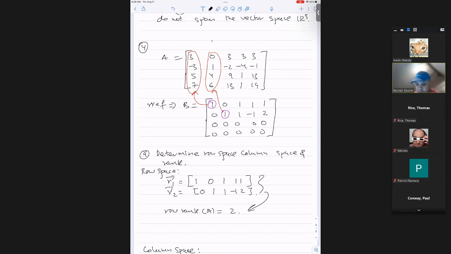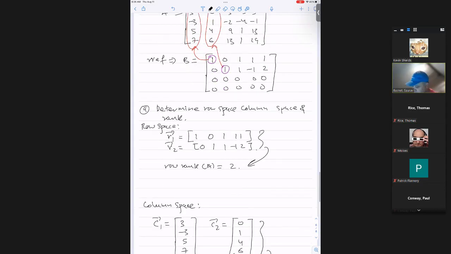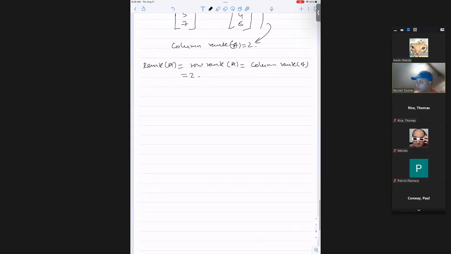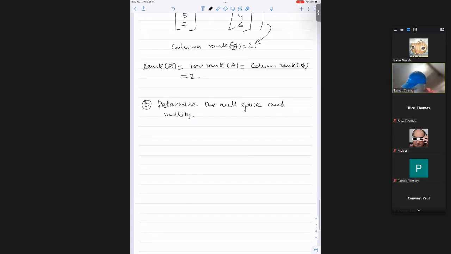Good. Yes, thank you. Okay, so now we determine the null space and nullity. To find the null space, we use the row reduced matrix, Bx equals 0.